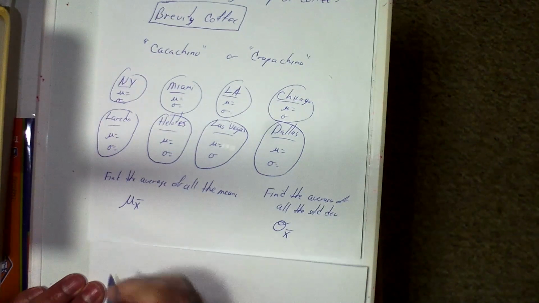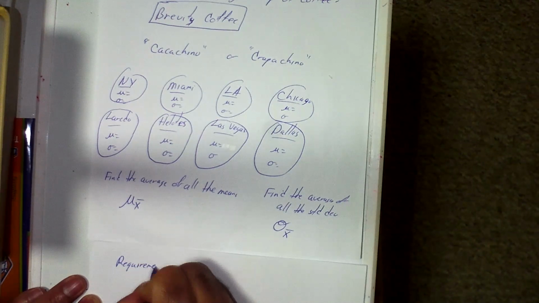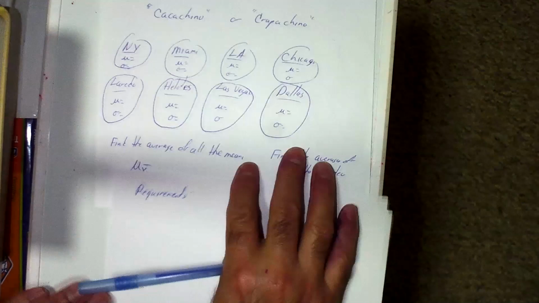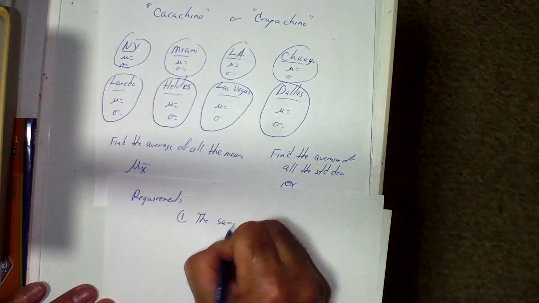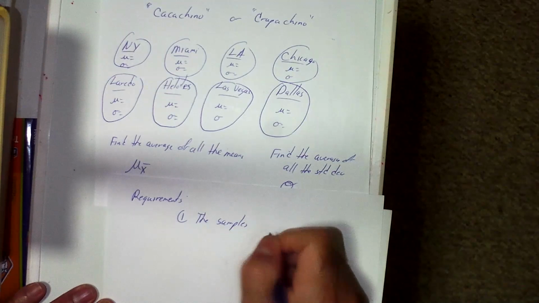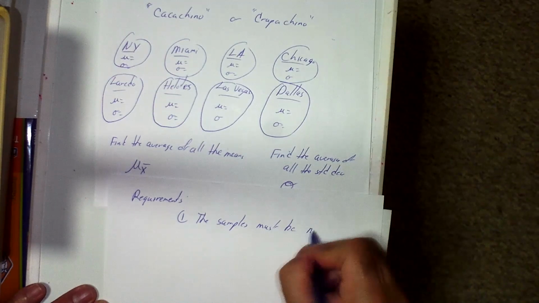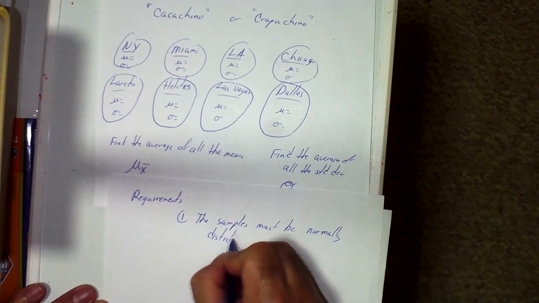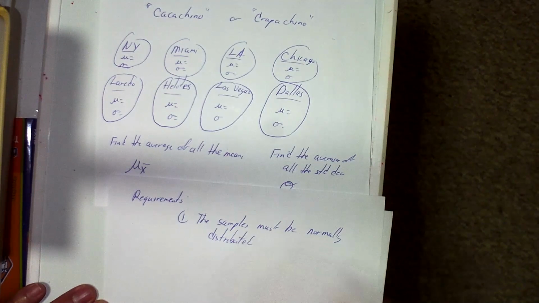So the central limit theorem, here are the requirements. All right, the samples must be normally distributed. It's got to say that, normally distributed, okay?